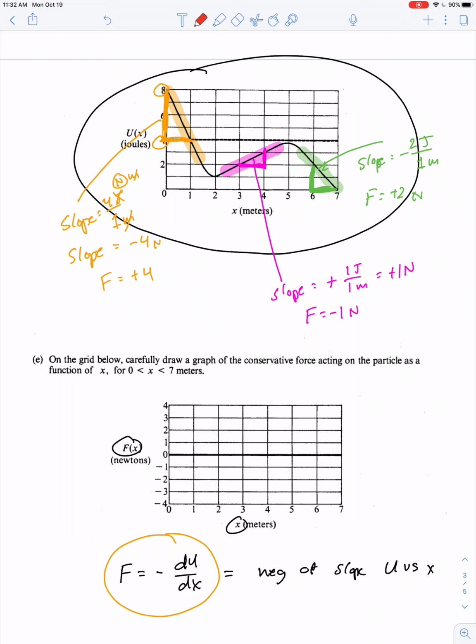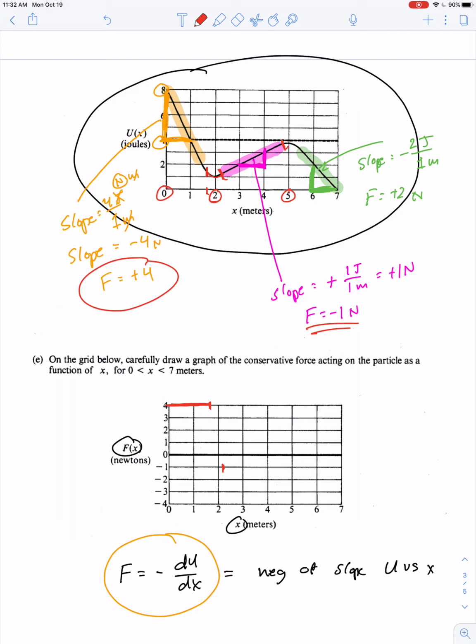So from 0 almost up to 2 meters, just a little bit short of there, there's a force of positive 4 newtons. And then from just a little beyond x equals 2 meters, up to just slightly before x equals 5 meters, there's a continuous slope or a continuous force of negative 1 newton.